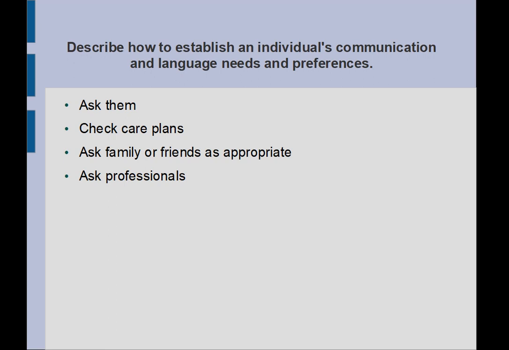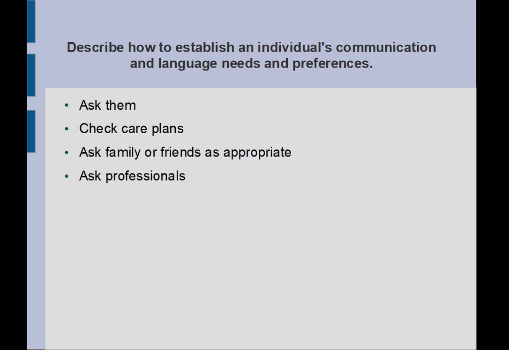So another method, say after the care plans are made up, and you're maybe a new member of staff, would be to check the care plans. Usually there's a specific heading, especially if somebody has specific communication needs for how they like to be communicated with. As well, you could ask family or friends, so long as it's not a confidentiality issue.